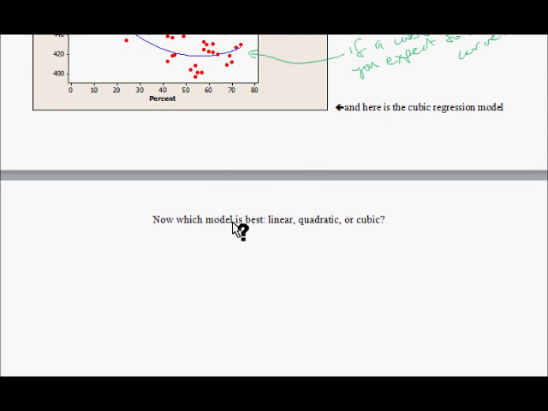Now it says which model is best, linear, quadratic, cubic. Well, one thing which makes sense is if you keep adding x terms to the model, predictors or independent variables, to the regression equation or model.